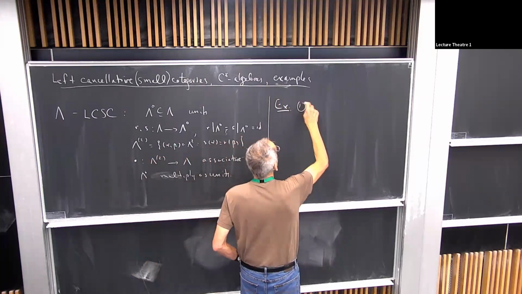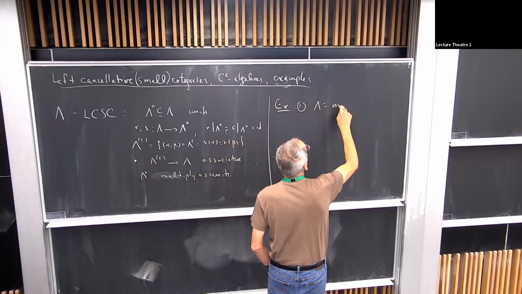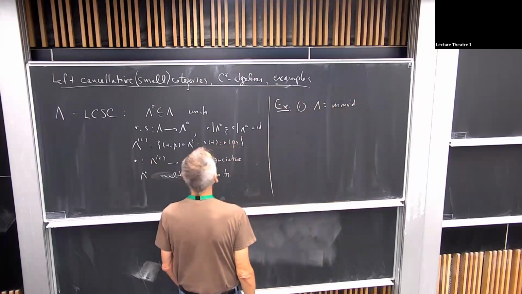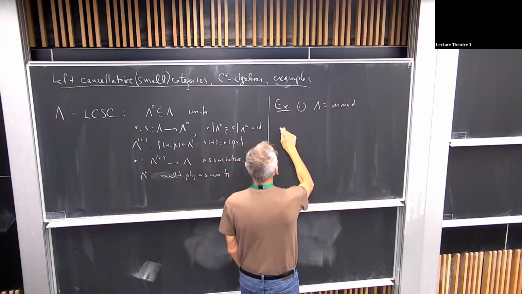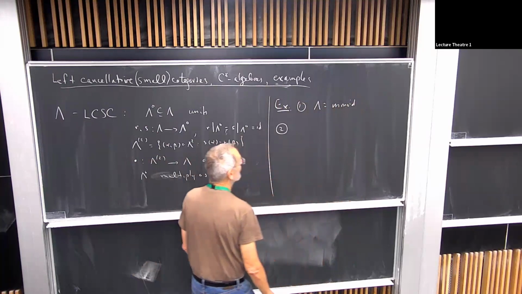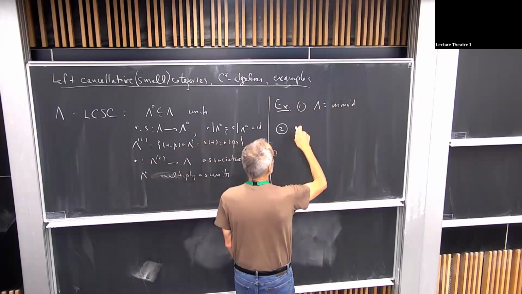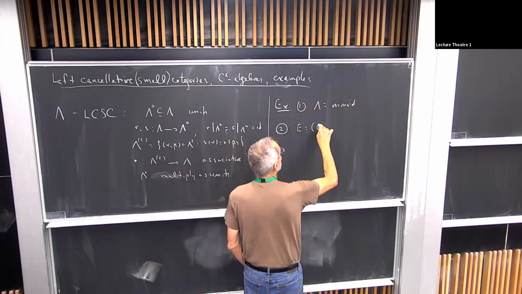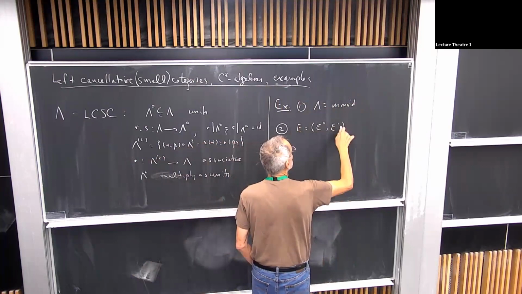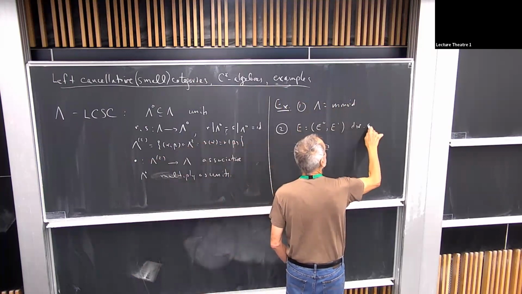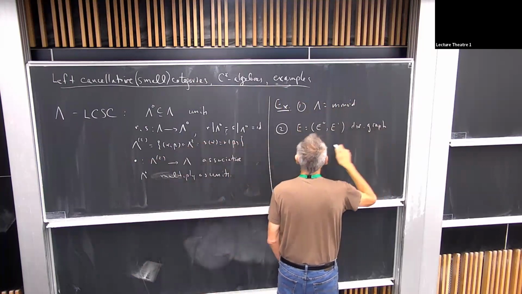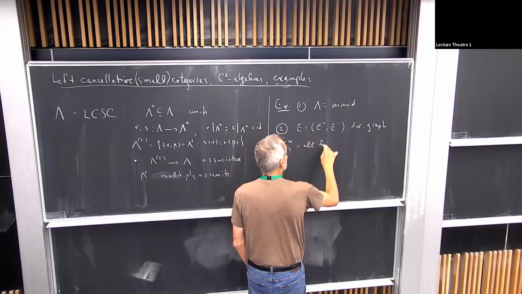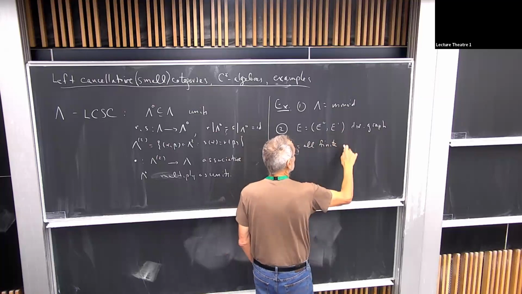So the first one is just a monoid. It's obviously a small category. And the second, which is for me the main motivating example, is the path category of a directed graph. So if E, that's usually given as vertices and edges with a directed graph, then we let E star be all finite paths, directed of course.